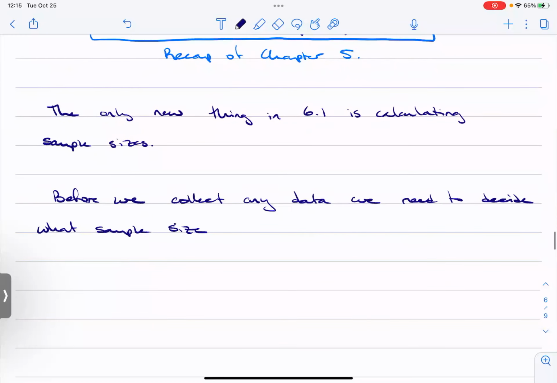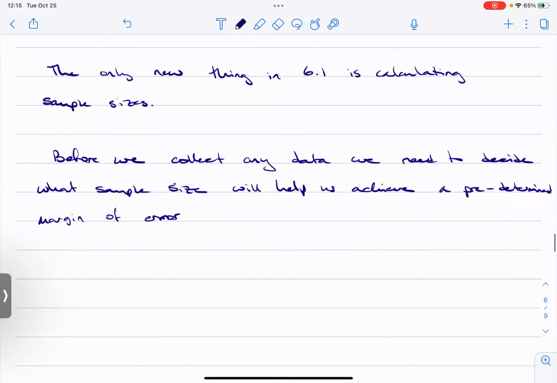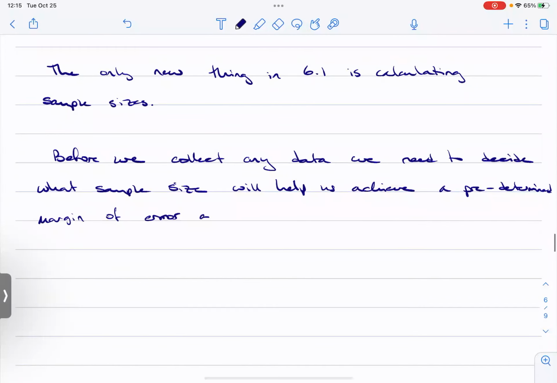So what sample size will help us achieve a predetermined margin of error at a specified confidence level?